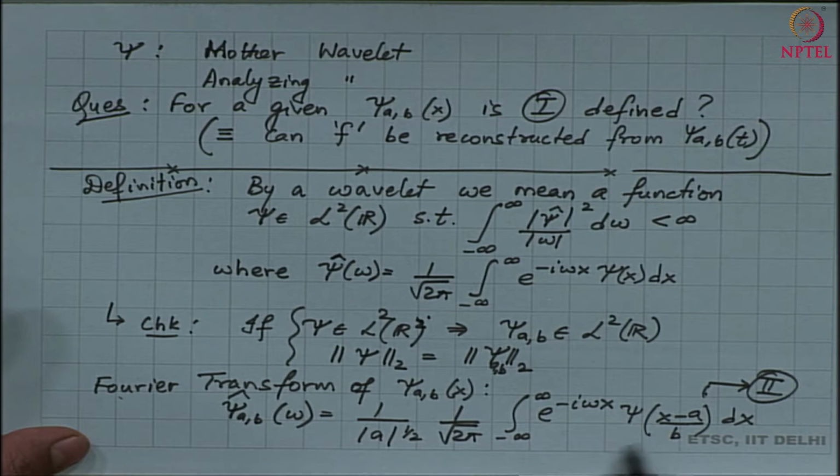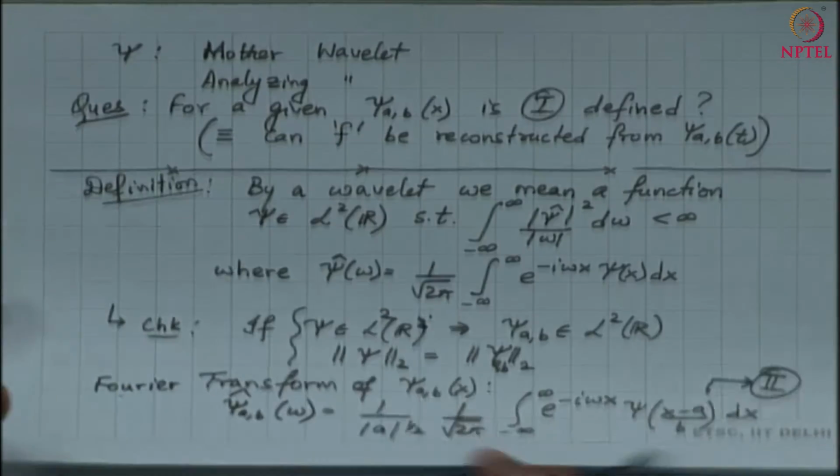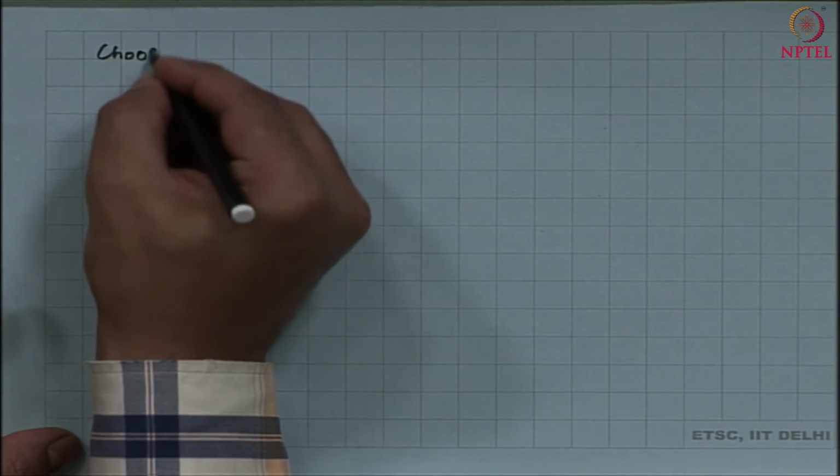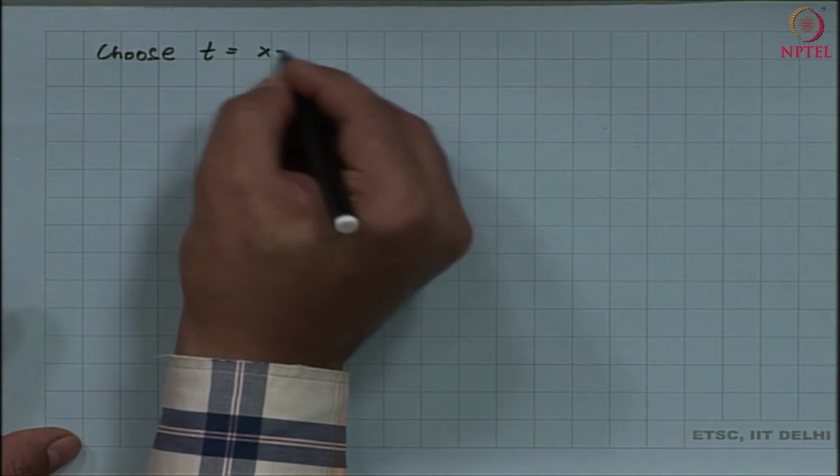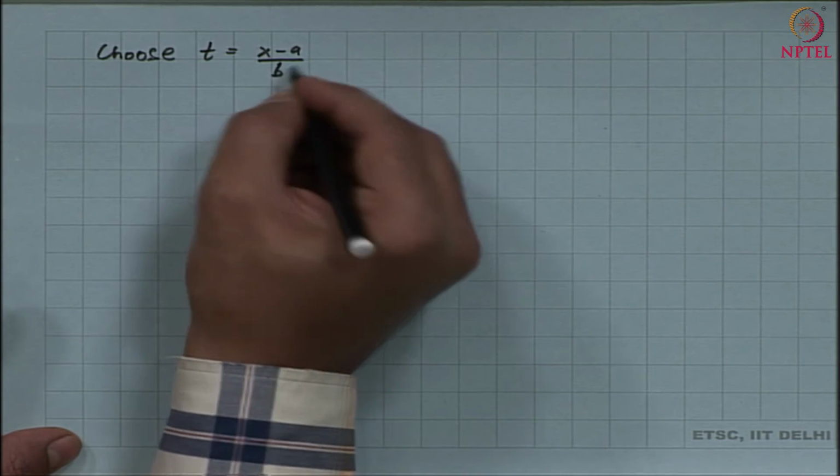Okay. So, if I were to evaluate this expression, let me substitute another variable t for this scaled and shifted variable. So, choose my new variable t to be x minus b by a.